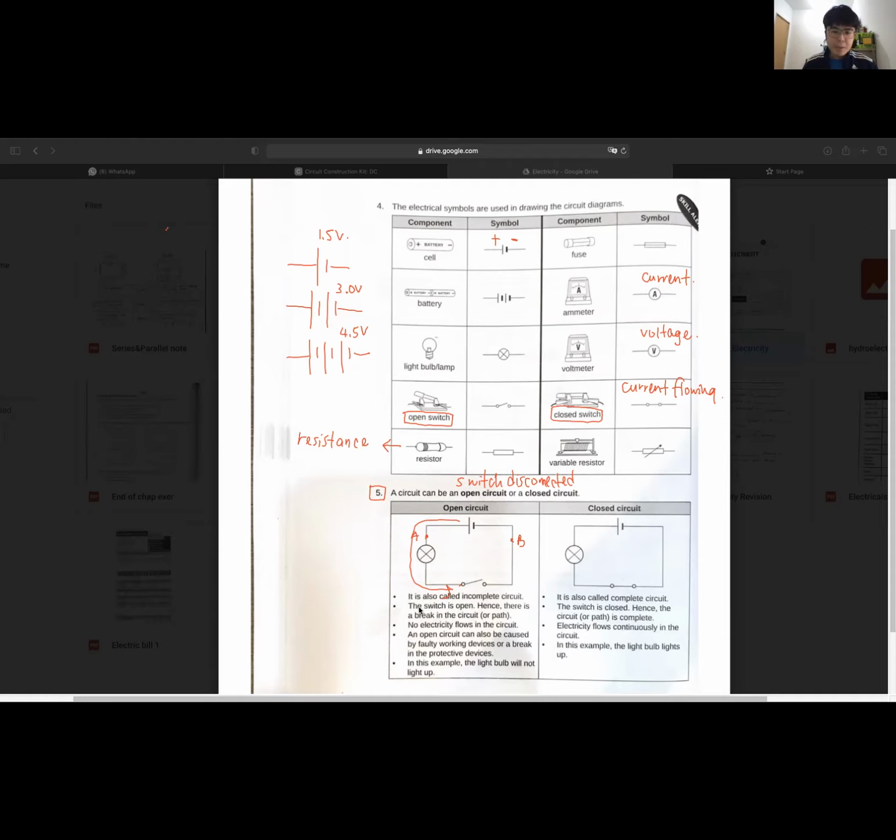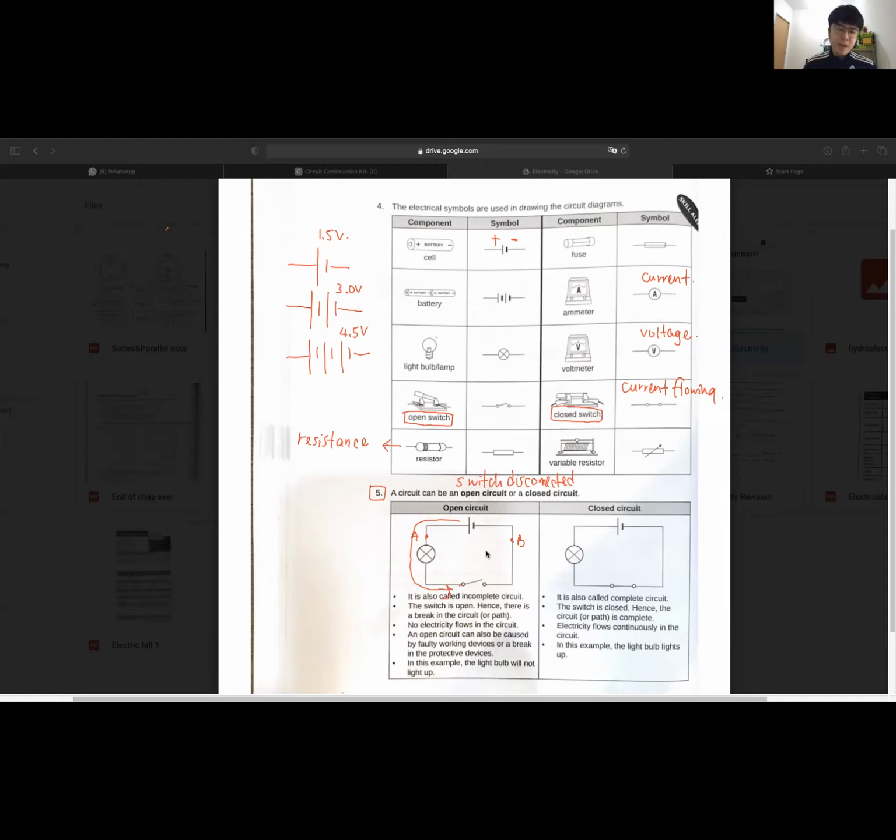All right, the switch is open, hence there is a break in the path of the circuit, so no electricity flows in the circuit. An open circuit can also be caused by faulty working devices or a break in the protective devices.